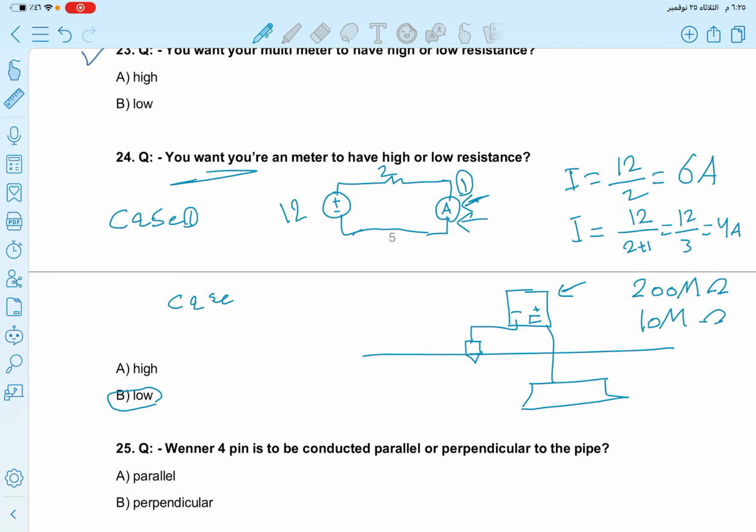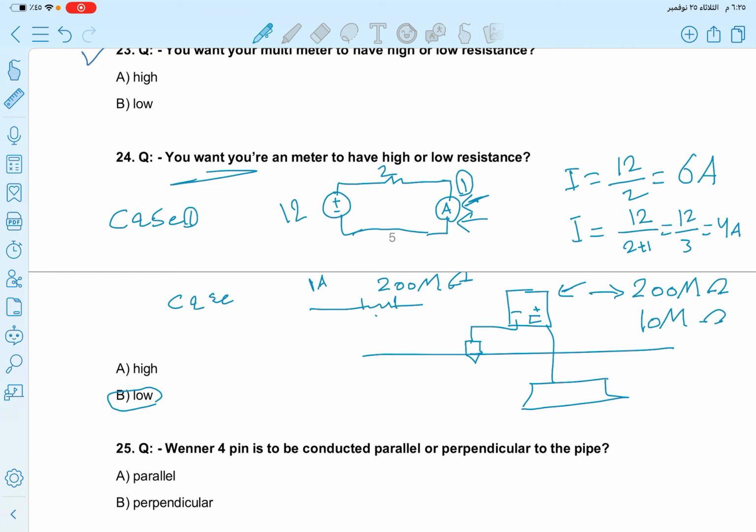So why did I choose a very huge resistance? Because if I have a small amount of current, for example just 1 ampere, and I have 200 mega ohm, I will get a very huge voltage drop in this resistance.